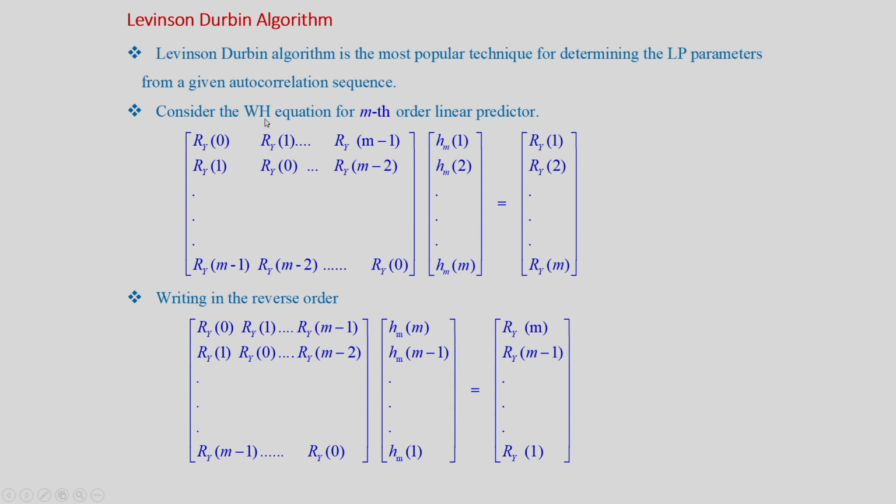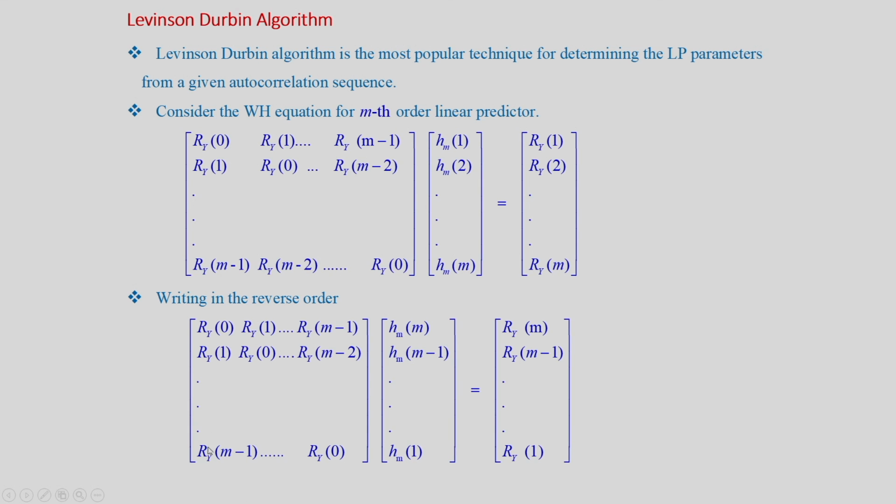Consider the Wiener-Hopf equations for the mth order linear prediction. Here, this is the autocorrelation matrix, Ry matrix, and this is the prediction coefficient vector h_m1, h_m2 up to h_mm, and the right hand side is the autocorrelation vector given by ry1 up to rym.